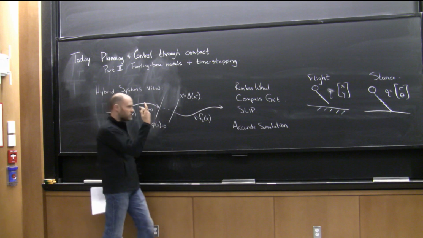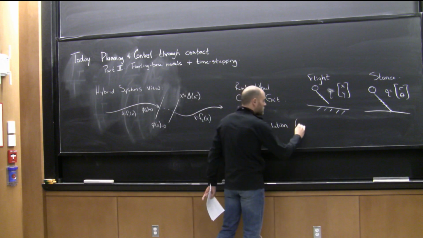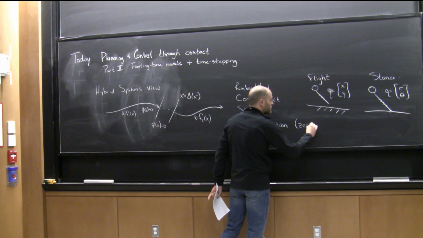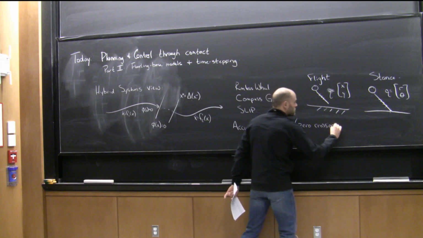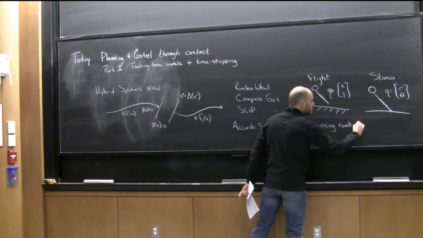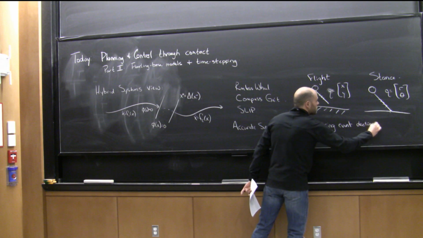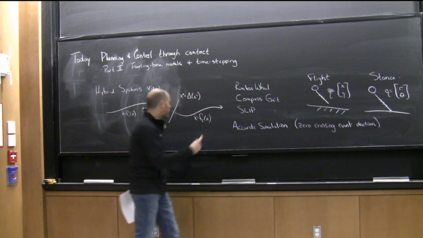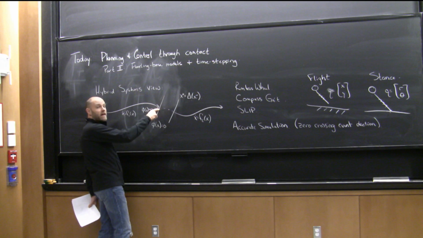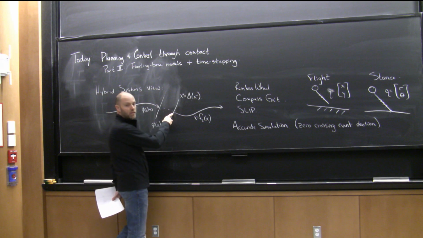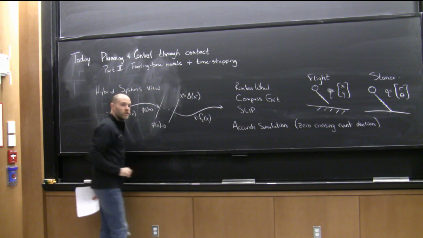Right? So the more sophisticated integrators have zero crossing detection. And they'll tell you, okay, I've zeroed in to arbitrary accuracy on this event, and then you can apply your reset map with some confidence and continue on your way.